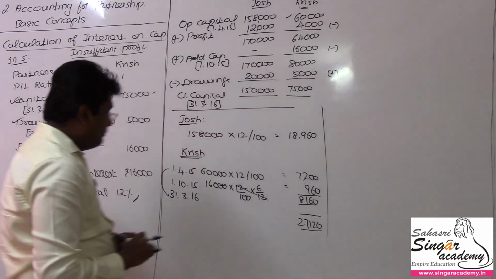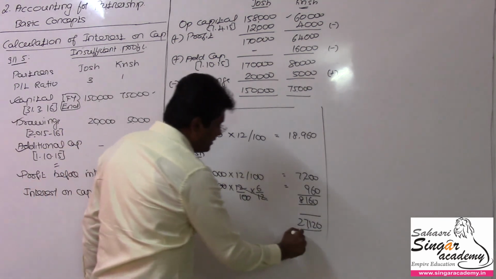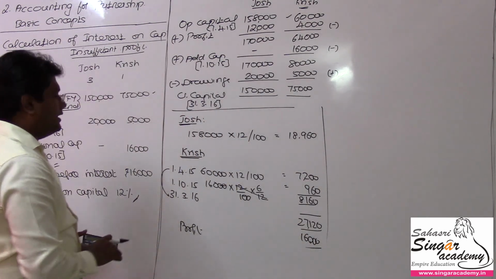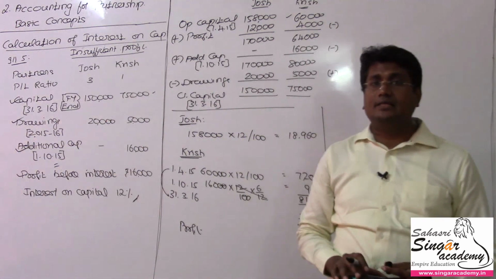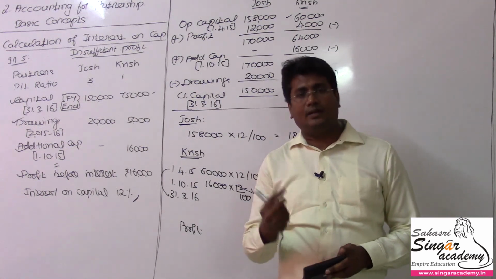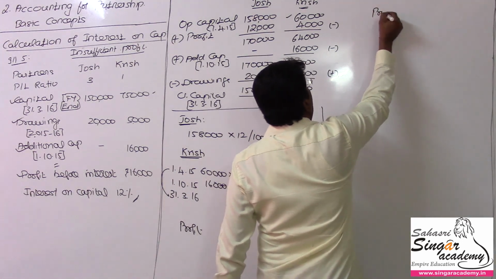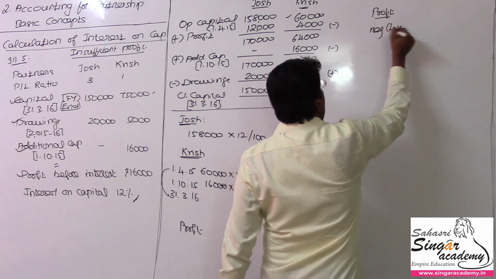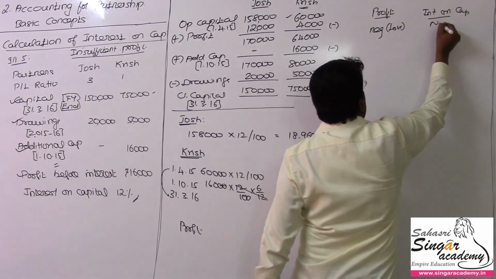But the net profit is only 16,000. The profit is not sufficient to pay off the interest. If the profit is zero or negative, meaning loss, the partners are not eligible for interest on capital; it will be nil.